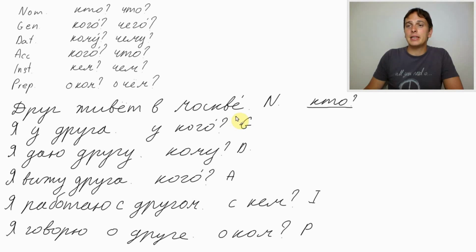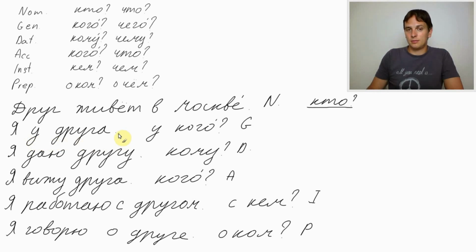Friend lives in Moscow. And how would you ask the question, who lives in Moscow? Basically, we need to replace друг with кто. Кто живет в Москве? Well, and we also need to emphasize on the question word. Кто живет в Москве? Друг живет в Москве. Friend lives in Moscow.